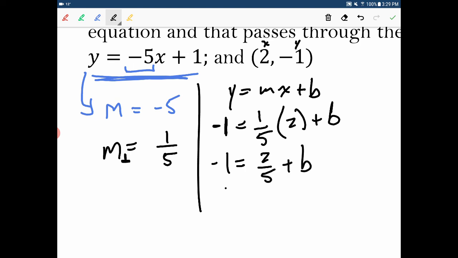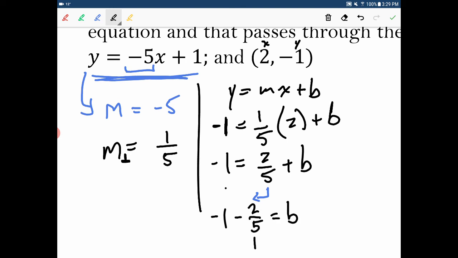So we will then move our 2/5 over, and we'll get b is equal to, oh, I shouldn't do it that way. I'll be kind. I'll rearrange it after. We'll get negative 1 minus 2/5 is equal to b.